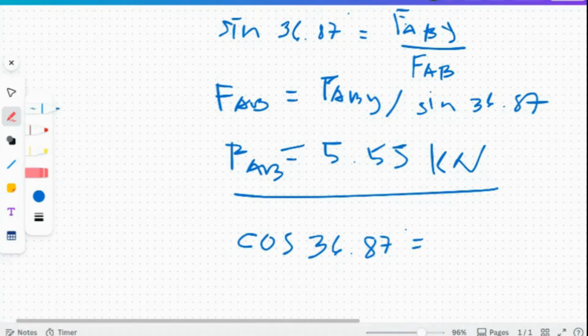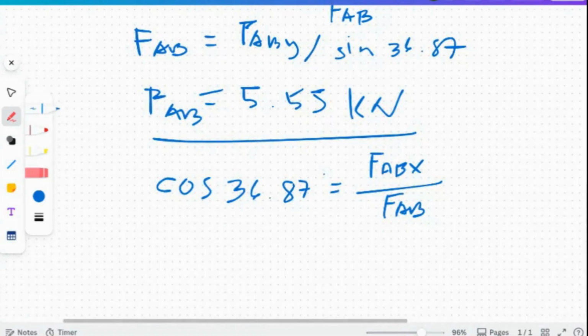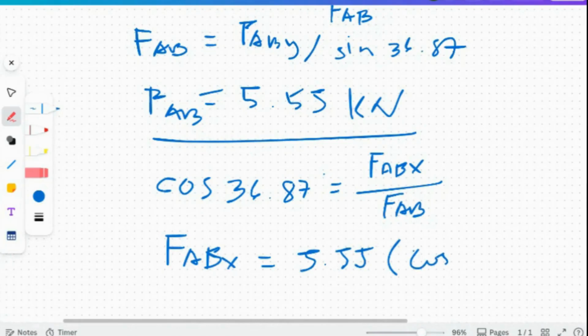So now the adjacent is FABX, sorry, over your FAB. Okay, so that gives us FABX is equal to 5.55 times cosine 36.87.